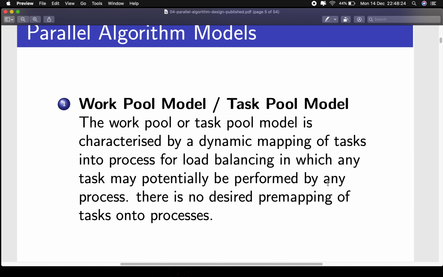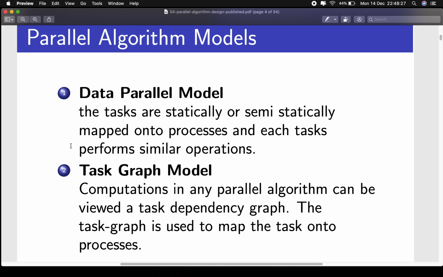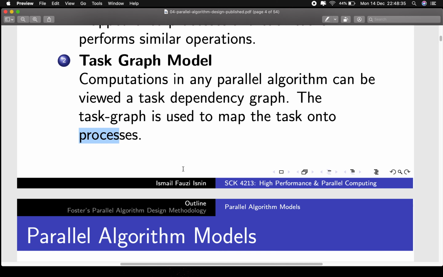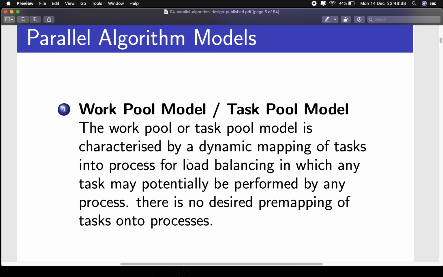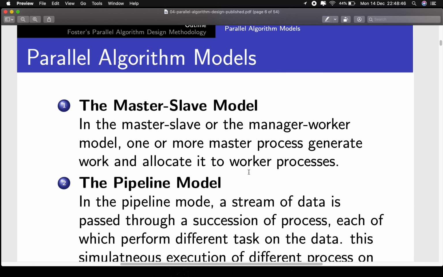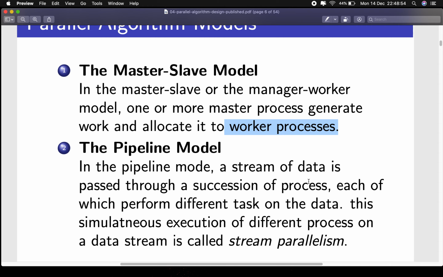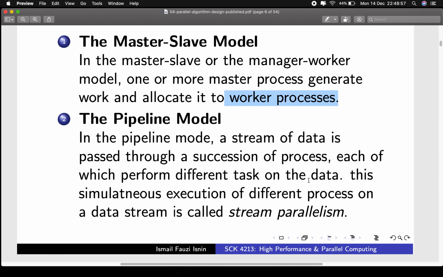To recap: the first performs similar operations, the second maps tasks onto processes using a task graph, the third uses dynamic mapping under load balancing, the fourth generates and allocates work to worker processes, and lastly the pipeline model has each process performing a different task on the data.